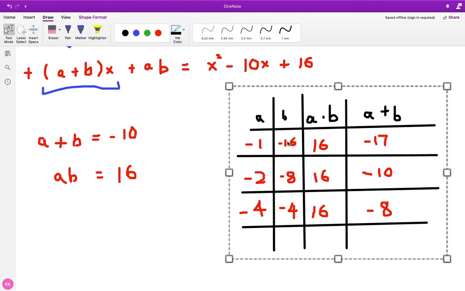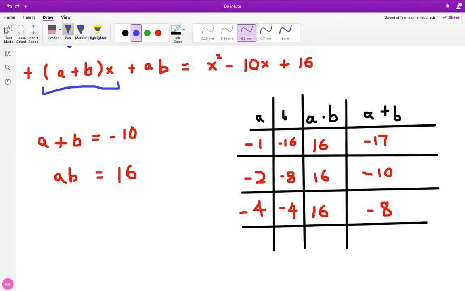Here are the possible values: -1 and -16. The multiplication of these two values gives us 16, and the addition gives us -17. For -2 and -8, the multiplication gives us 16, and the addition gives us -10. So what combination am I looking for?